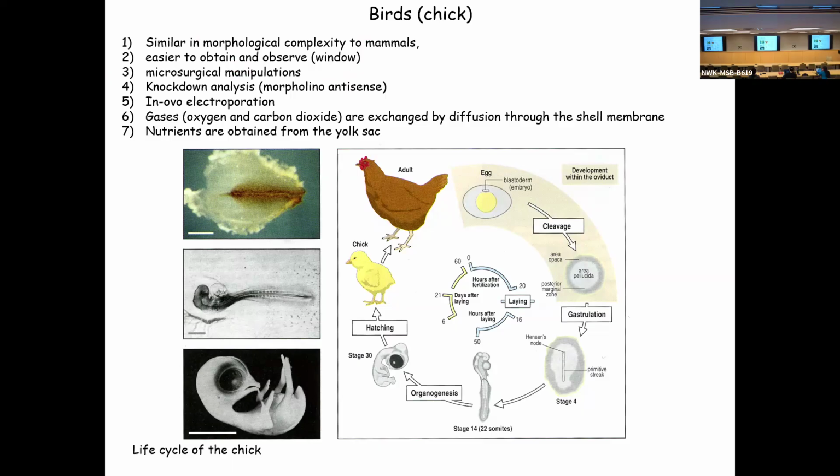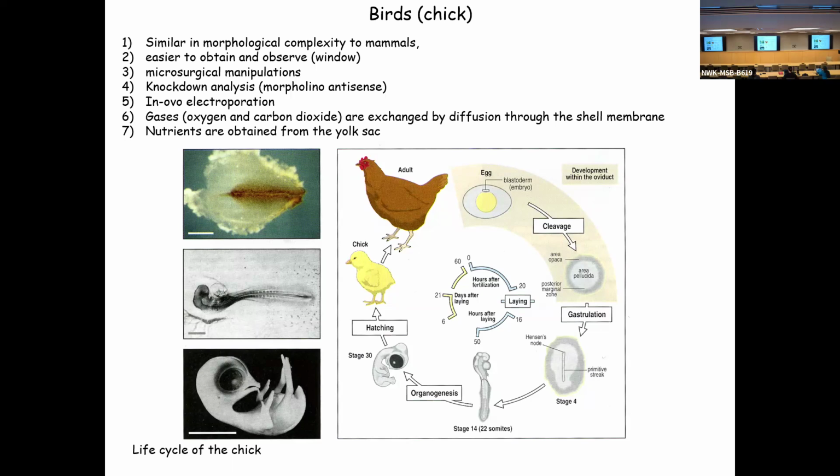For example, if we want to study mouse development, we have to sacrifice the mother, or operate on the mother, to look at the embryo and follow up on the developmental processes of a mouse. But with the chick, all we have to do is put the egg in an incubator at the right temperature, cut open a window, and manipulate the chick that is at gastrulation stage.